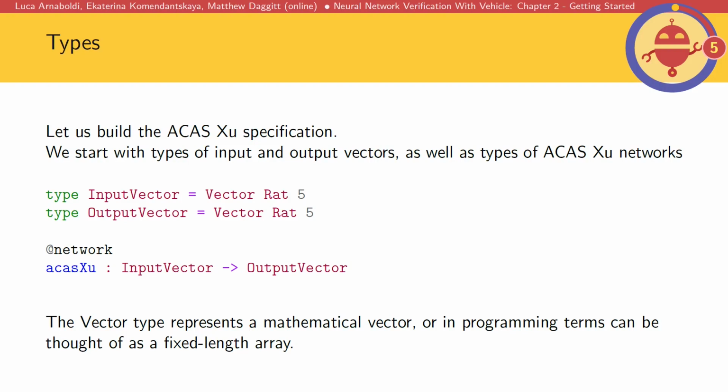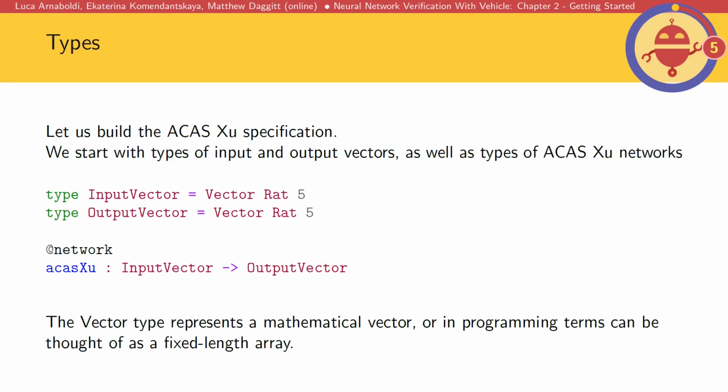Or sometimes matrices. When Luca does MNIST with you, there will be matrices rather than vectors for inputs. But anyway, the input vector for ACAS Xu, not surprisingly, is a vector of rational numbers of size 5, because that was the example, and the output also has size 5. So these are really just type synonyms for vectors of rational numbers, but it's convenient to make it readable for the user to introduce the synonyms.